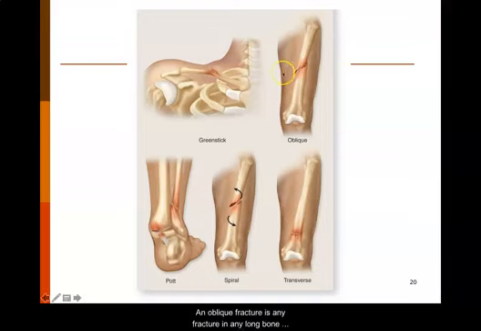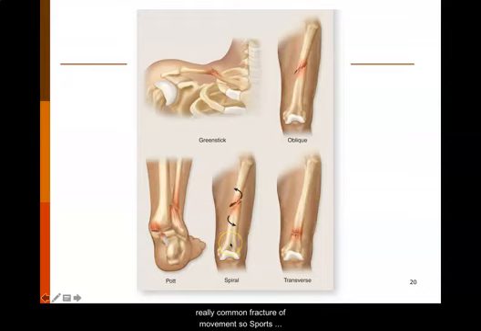An oblique fracture is any fracture in any long bone that's at an oblique angle through the diaphysis, at an oblique angle to the length of the bone. A transverse fracture is a transverse break right through the diaphysis, usually, of the long bone. A spiral fracture is a fracture of any long bone that occurs from usually a twisting or turning motion.